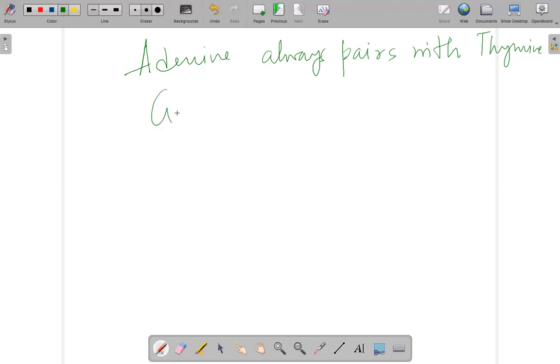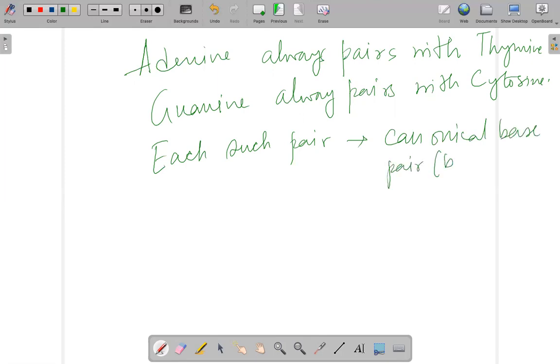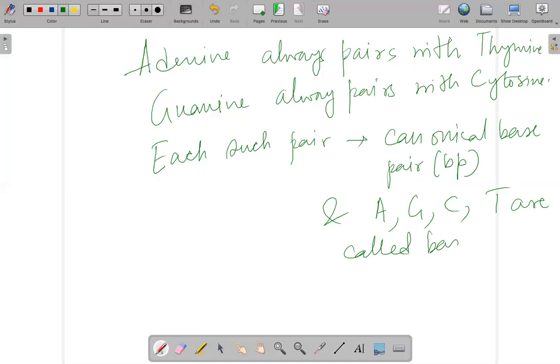And guanine always pairs with cytosine. So each such pair is termed a canonical base pair, BP for short. And A, C, T, G are called bases.